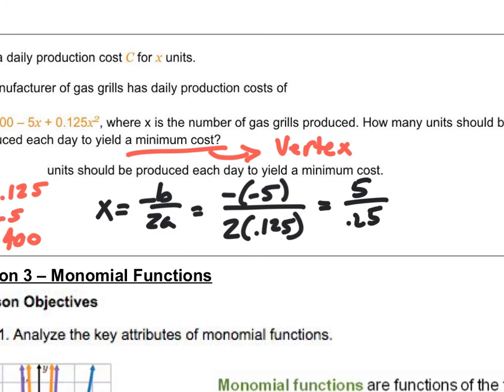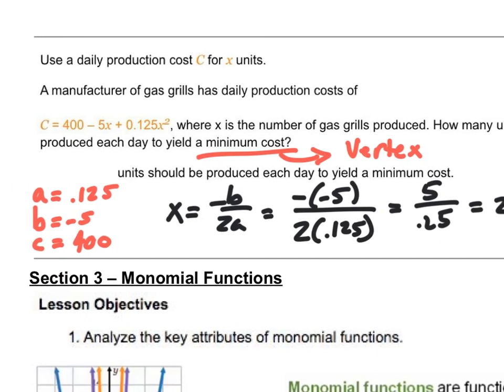And so 5 divided by 0.25 is 20. Yeah, that's like 5 divided by 1/4.